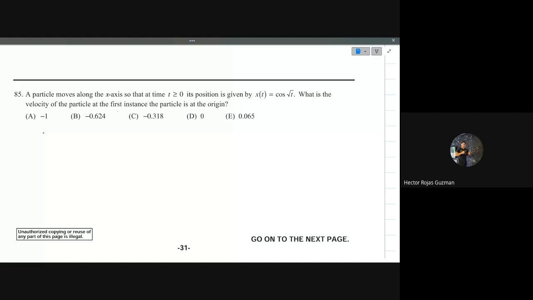The derivative of x of t is given by negative sine of the square root of t times the derivative of the square root of t. If you want to simplify that, that gives us negative sine of the square root of t divided by 2.